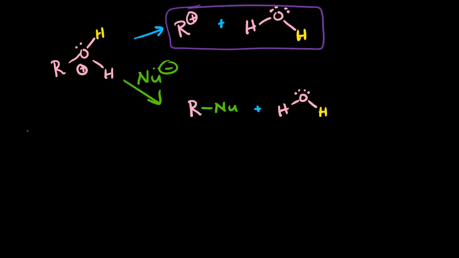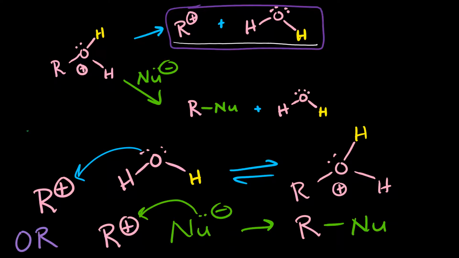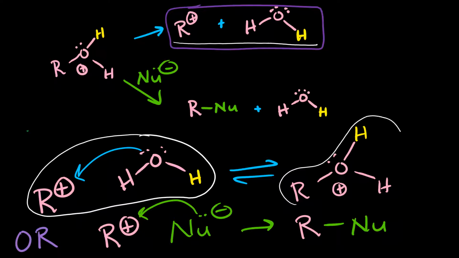Let's first take a look at the fate of the carbocation that could be formed here. It has a couple of options. It could just get reattacked by the water, in which case it would just reform this species here, just establishing some type of equilibrium, which is a non-productive route, and perhaps that's always going on in the background, but we are not really interested in that pathway.